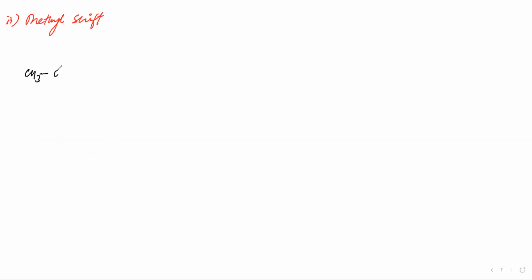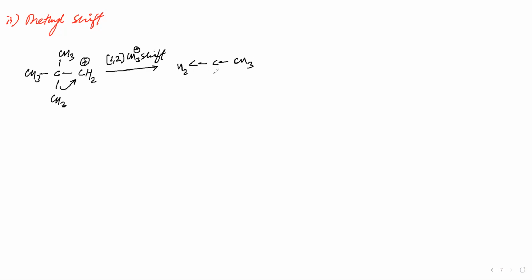CH3, carbon, CH3, CH3, and CH2 positive. Now what can happen is this methyl can go towards this carbocation, and we will call this 1,2 CH3 negative shift. Okay, so now we will be getting what type of carbocation?